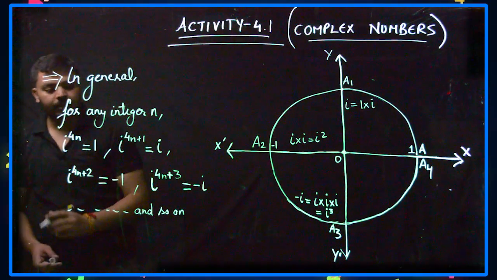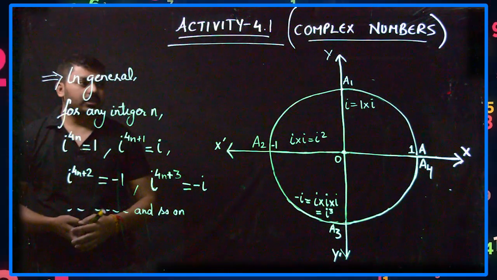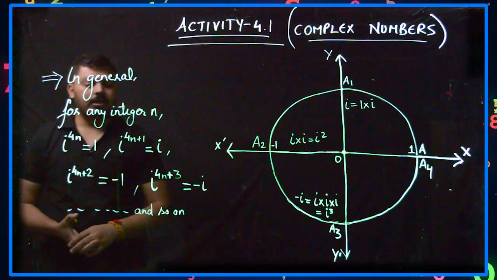We can find different multiples for each 90-degree increment in the angle.